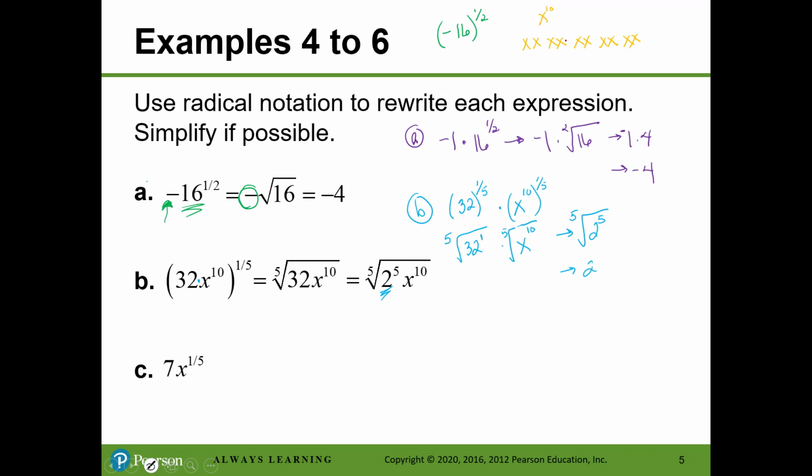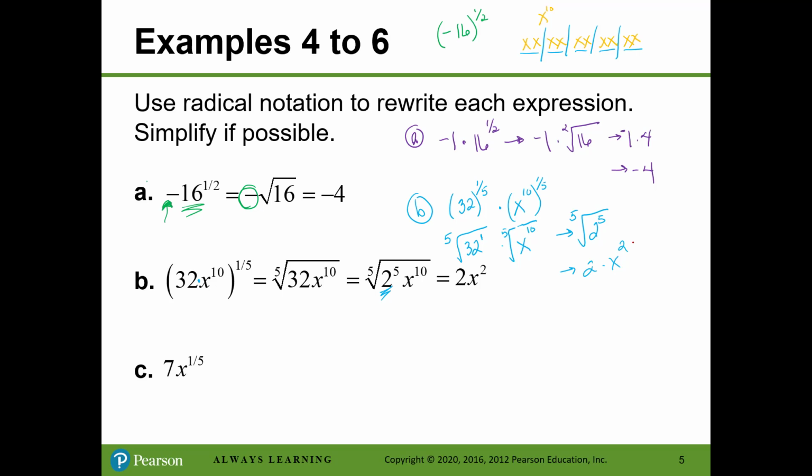Remember, 5 equal pieces. So, if I look at this, I have 1, 2, 3, 4, 5 equal pieces, each with 2 x's in them, which can be rewritten as x to the power of 2. Good?